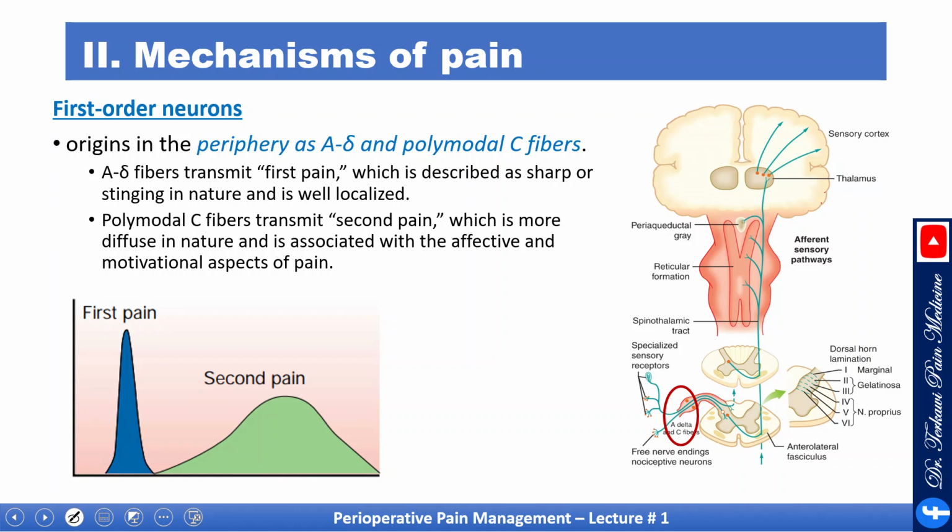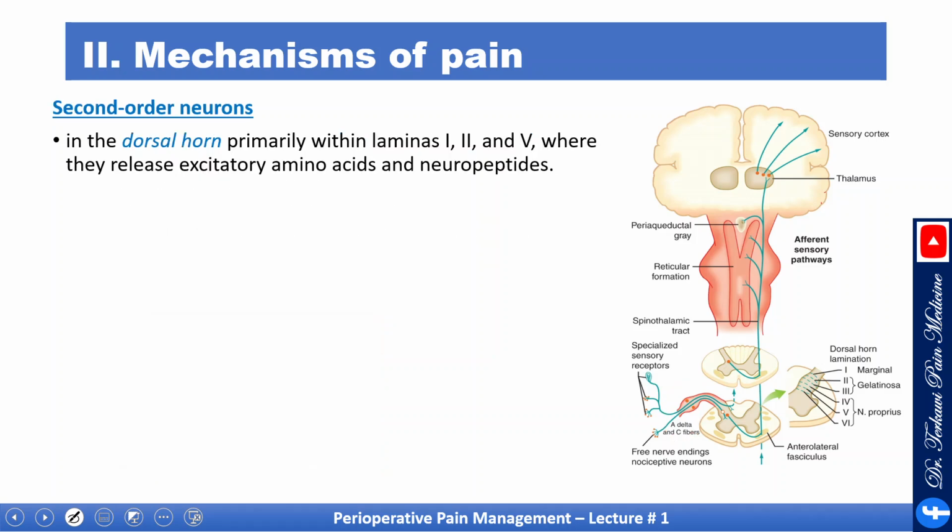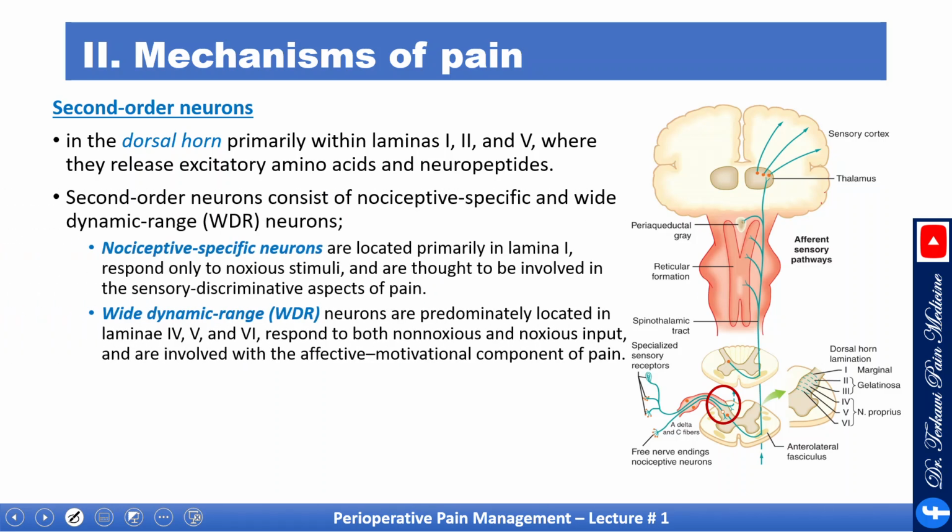Then the polymodal C fiber transmits the second pain, which is more diffuse in nature and is associated with the affective and motivational aspect of pain. Then we have the second order neuron, which is at the dorsal horn, primarily within laminas 1, 2, and 5, where they release excitatory amino acids and neuropeptides. The second order neuron consists of nociceptive specific and wide dynamic range neurons.